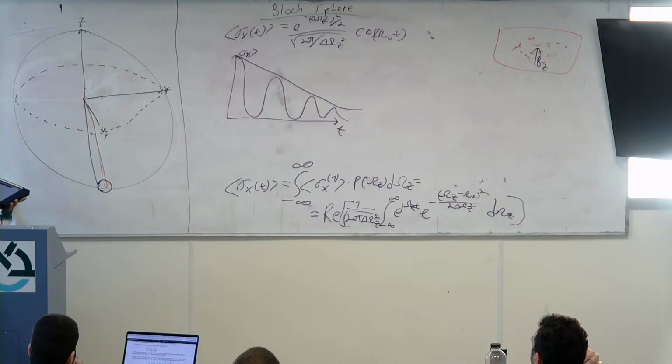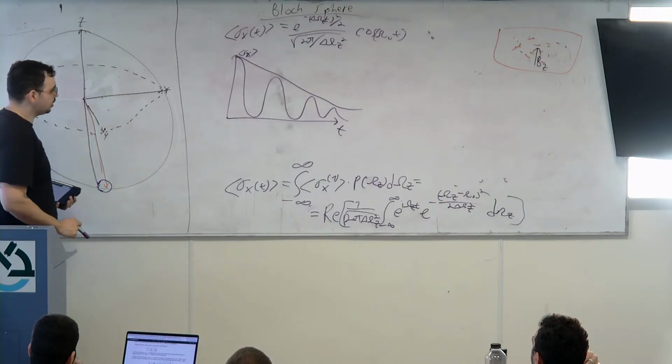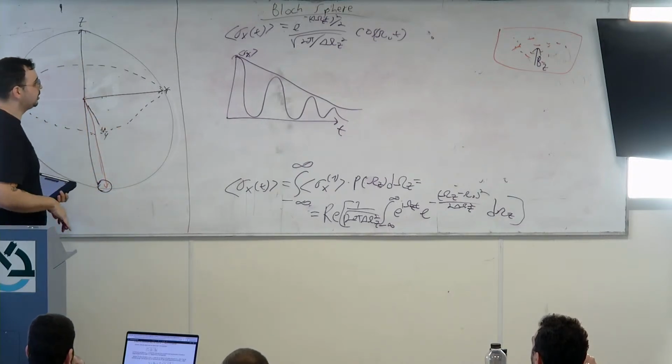So this inhomogeneity doesn't just rotate, it can interfere with the rotation, but this time we actually saw it interfere with the population itself.